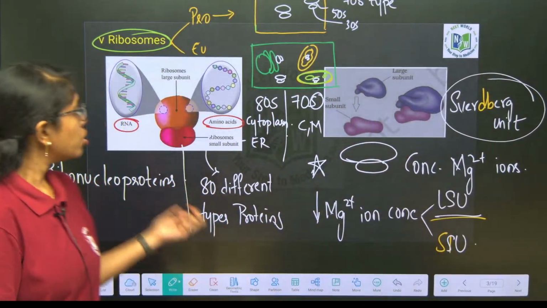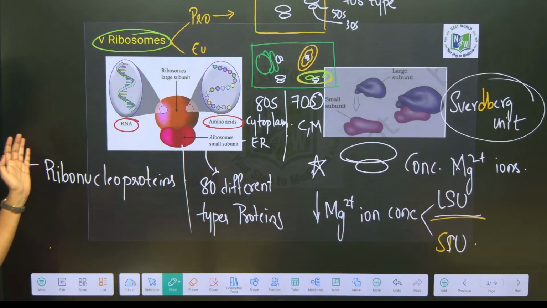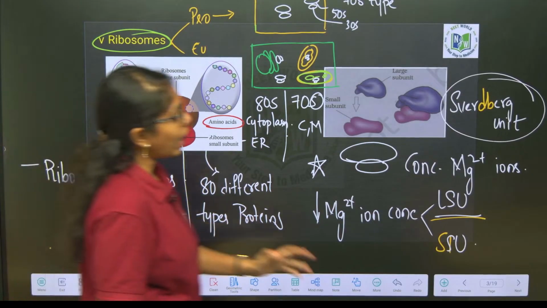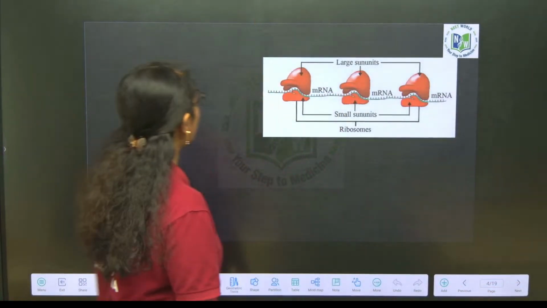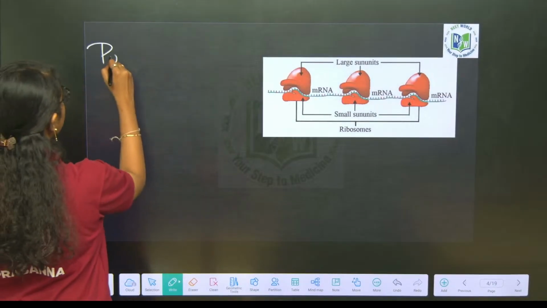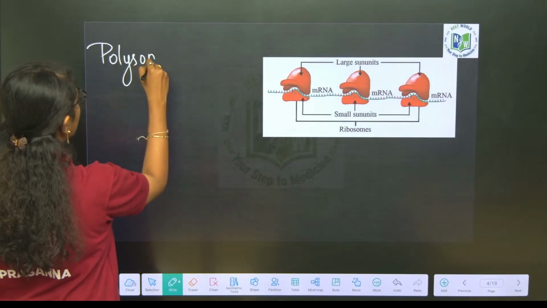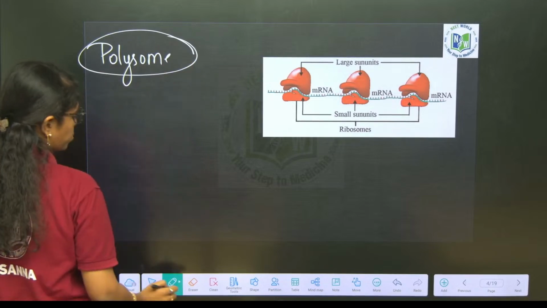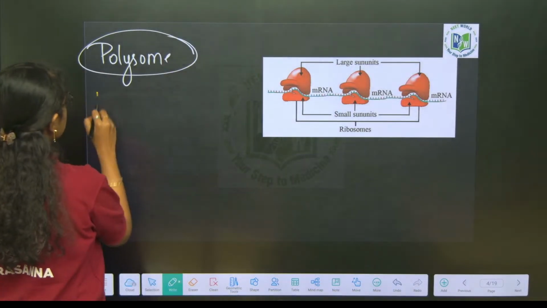Understood, right? So everything is clear about ribosomes, no? Now, here you have to also look into a condition called polysome, which is observed only in the prokaryotic cells.